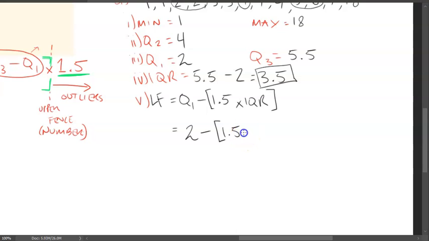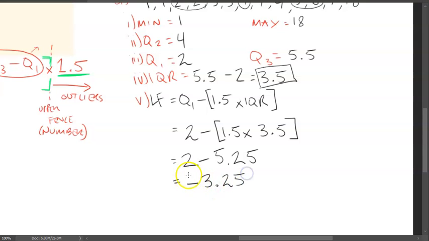We're going to find out what 1.5 times the IQR is. It was 3.5. So 2 minus 1.5 lots of 3.5, and this ends up being 5.25. So we're working out 2 minus 5.25, and this ends up being negative 3.25.